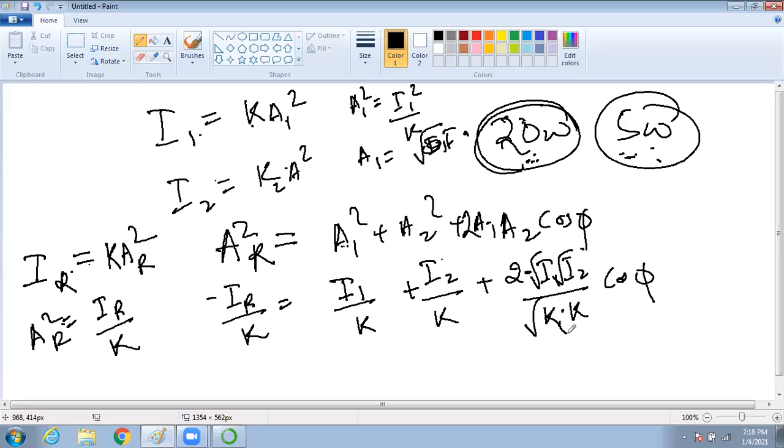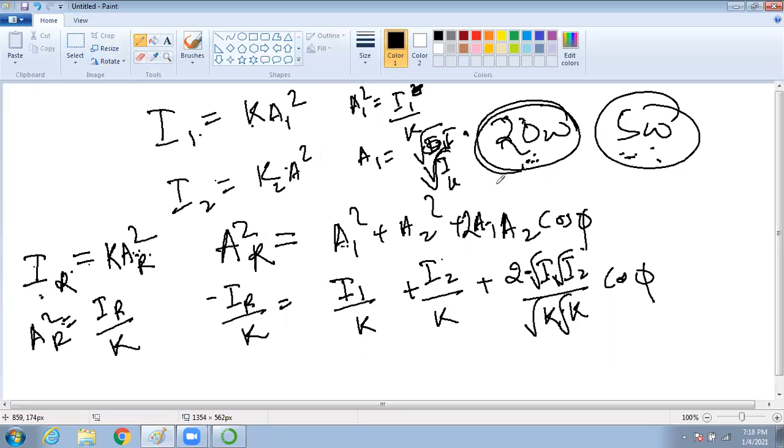Correct or not? If IR equals K AR square, then AR square will be IR by K, so AR will be the root of that. Similarly, A1 square is I1 by K, so A1 will be root over I1 by K. That's what I wrote.